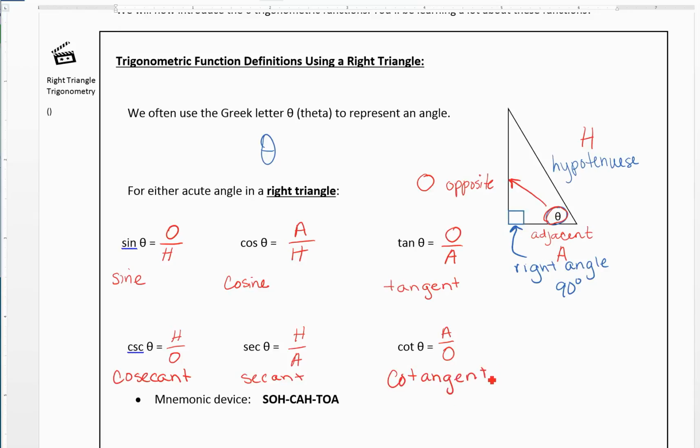Now, you'll really want to have this down of when do I take opposite over hypotenuse, when do I take adjacent over hypotenuse, and so forth. And there's a mnemonic device to help you, and it's called Sohcahtoa. S-O-H-C-A-H-T-O-A.